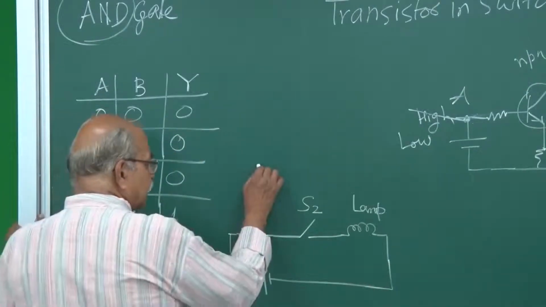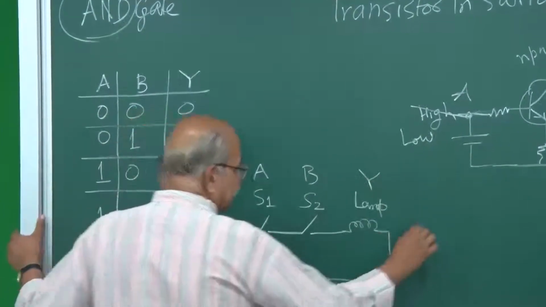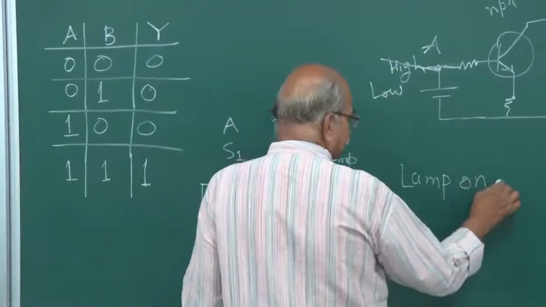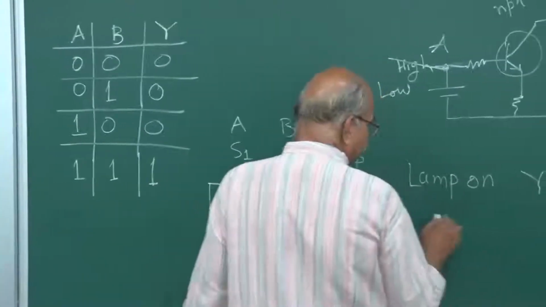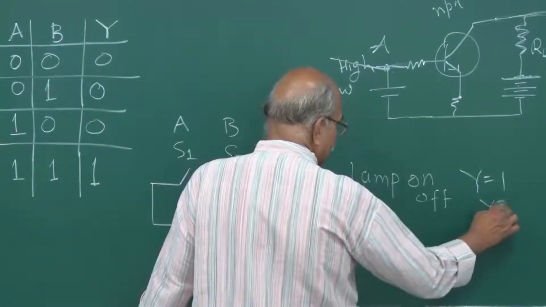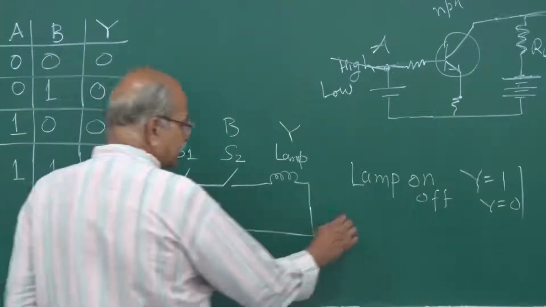So you can treat this as A, this as B, and this is Y. Lamp on, Y is equal to 1, and lamp off, Y is equal to 0. So that's the output.